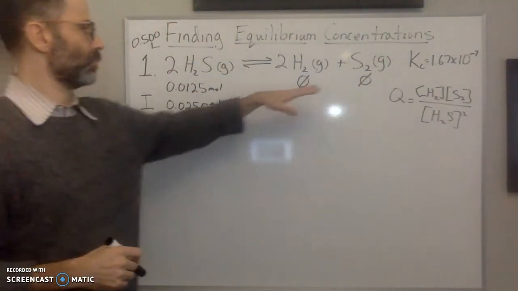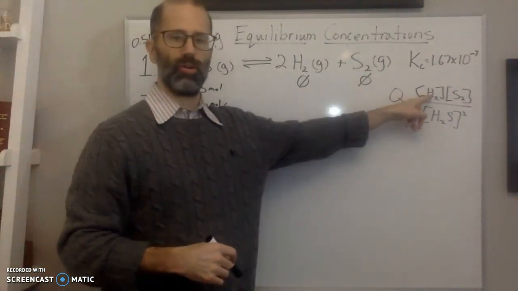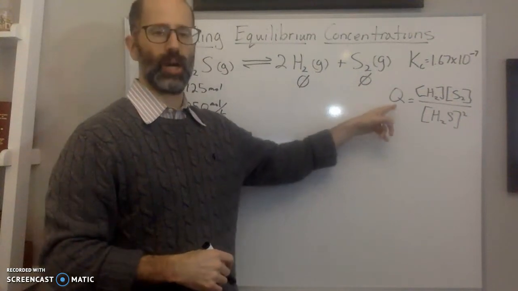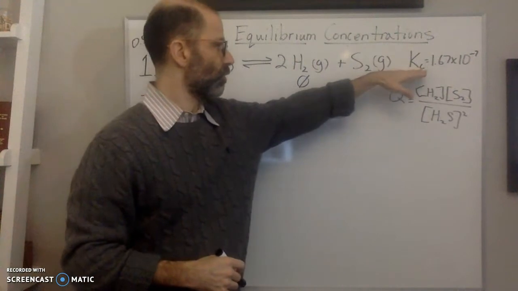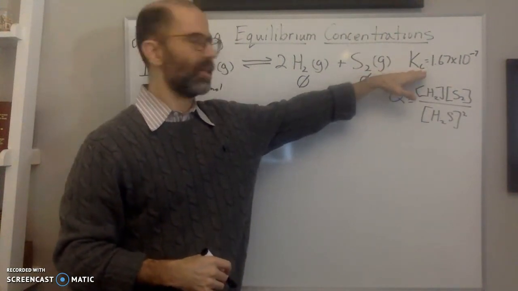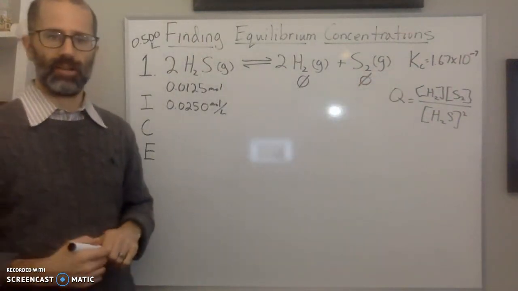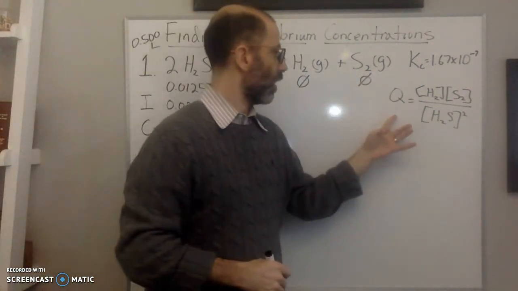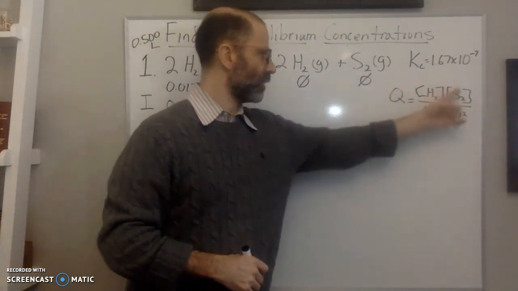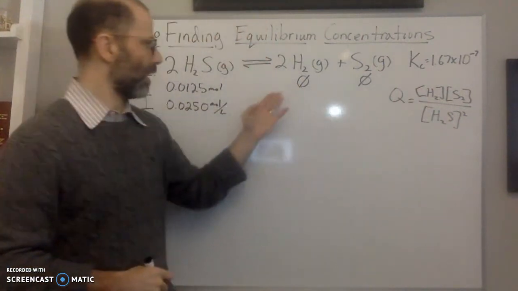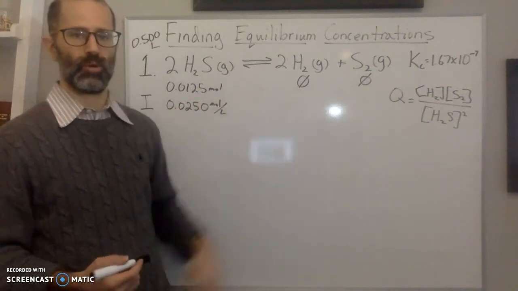You would put these values in, but the products are 0, so Q is 0. Then we compare Q to our equilibrium constant. If Q is less than the equilibrium constant, then that tells us that we have too much reactant and we need more product. That's obvious from the fact that we are starting with 0 product, so we know it's going to go towards product.